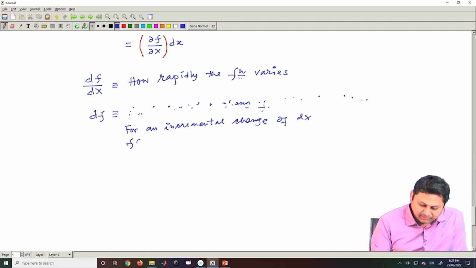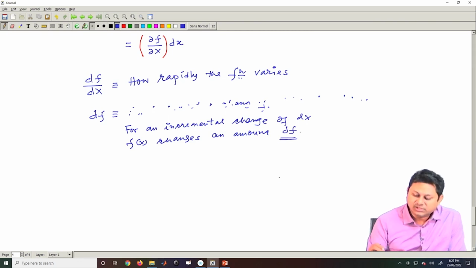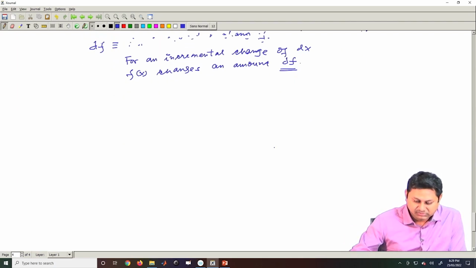If x changes by an amount dx, df is the change of the function due to the incremental change dx, that is all.